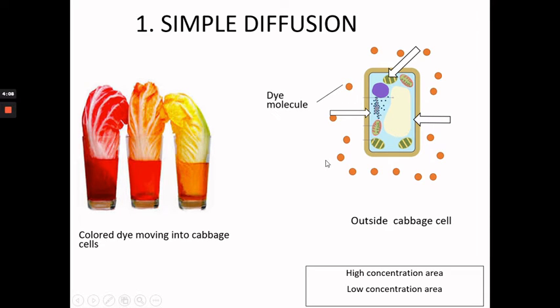Outside the cabbage cells, we have a high concentration of the dye molecules, but inside the cabbage cell, we have low concentration. So the dye molecules will move from the high concentration area to the low concentration area. This is called simple diffusion.